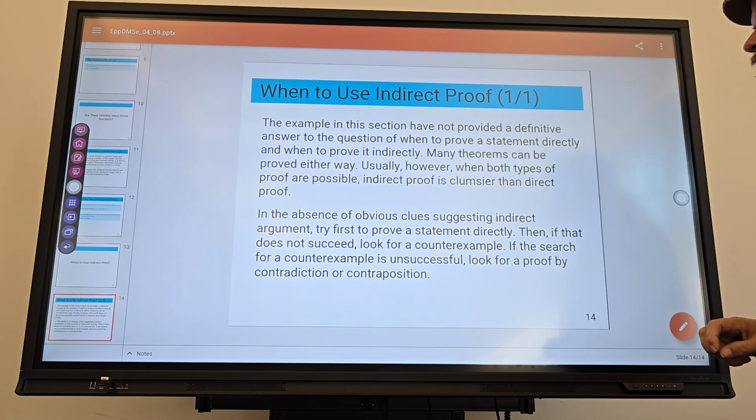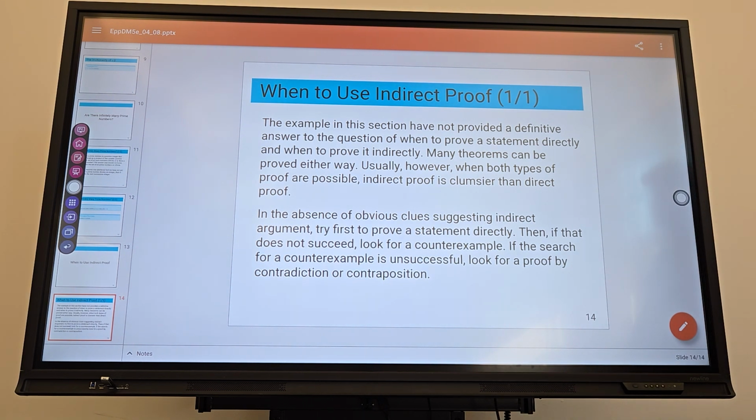When to use indirect proof? Well, the examples in this section have not provided a definitive answer to the question of when to prove a statement directly or when to prove it indirectly. Many theorems can be proven either way.